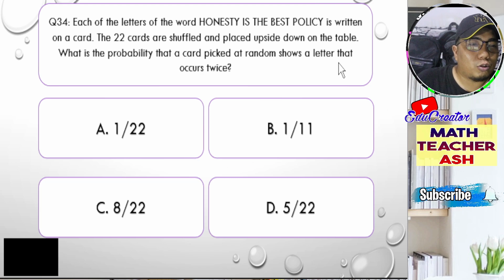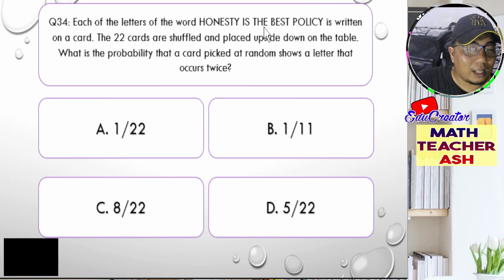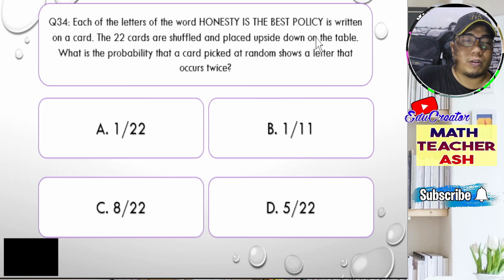So we will check on those letters that occurred twice. Let's check letter H. That is twice. O, another twice. N is 3, E is 3 times. S, that is 3 times also. T, that's 3 times. Y, twice.